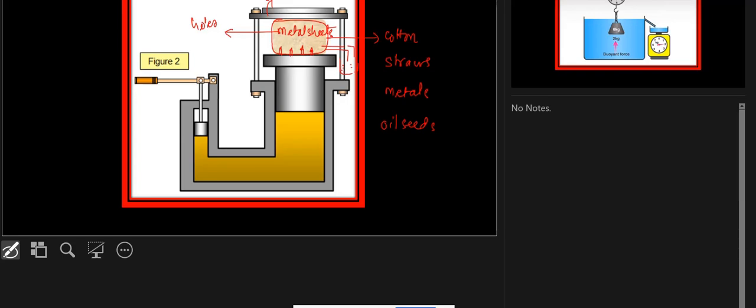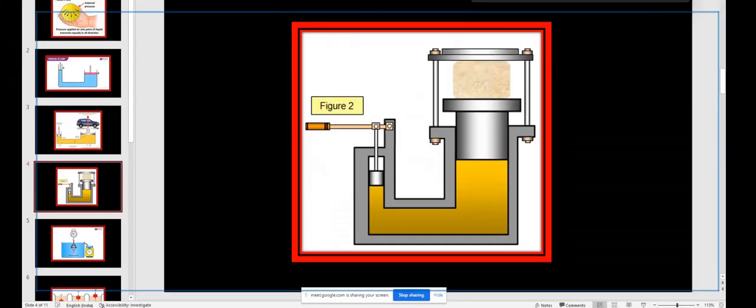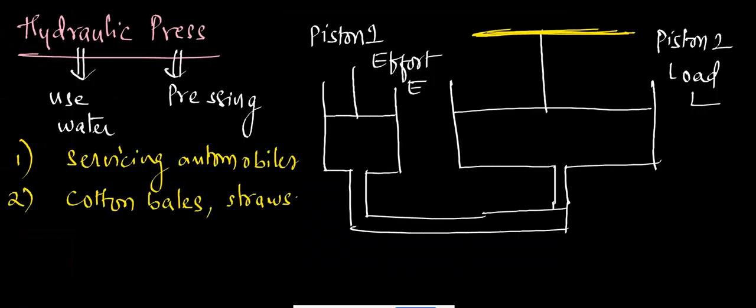Sometimes in two places they keep iron nails. Now when you press, what happens? Iron nails will make holes in the metal sheets. Got my point? So this is how we use the hydraulic press.